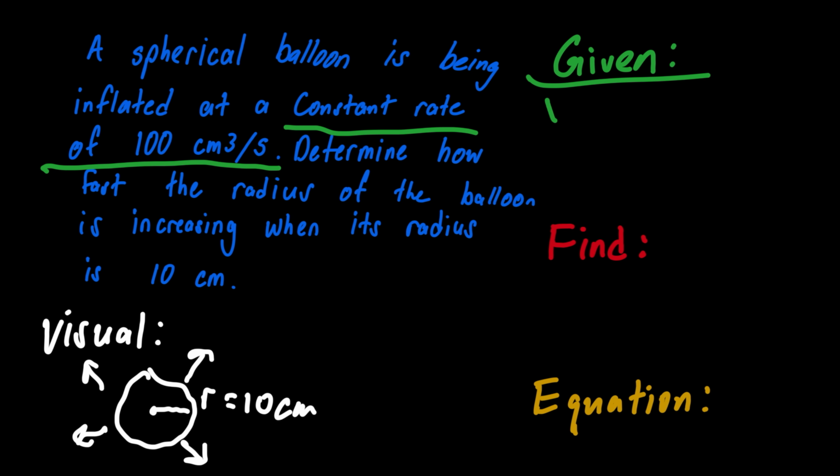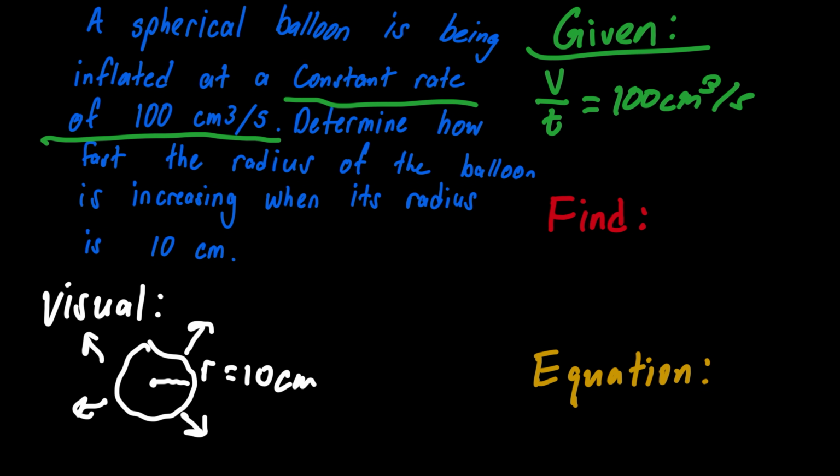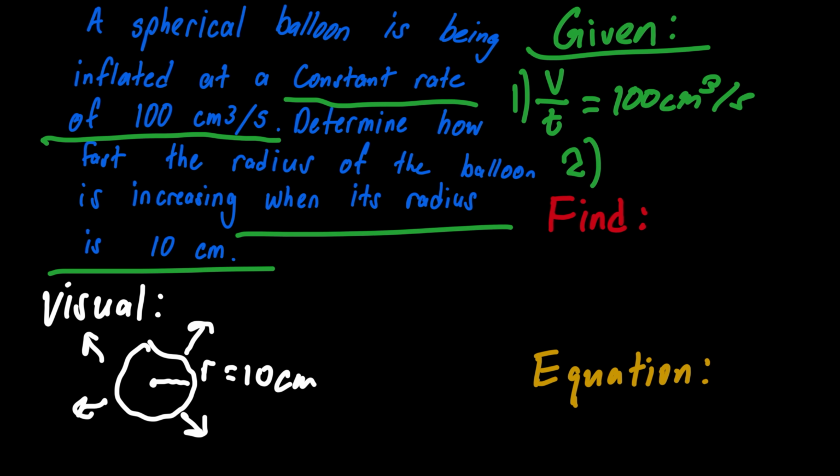So we have a measurement of volume over time, because this is a rate, equal to 100 centimeters cubed per second. And that's the first thing. The second thing is to determine how fast the radius of the balloon is increasing when its radius is 10 centimeters. So that's our second thing: radius is equal to 10 centimeters. Great, now we know what we're given.